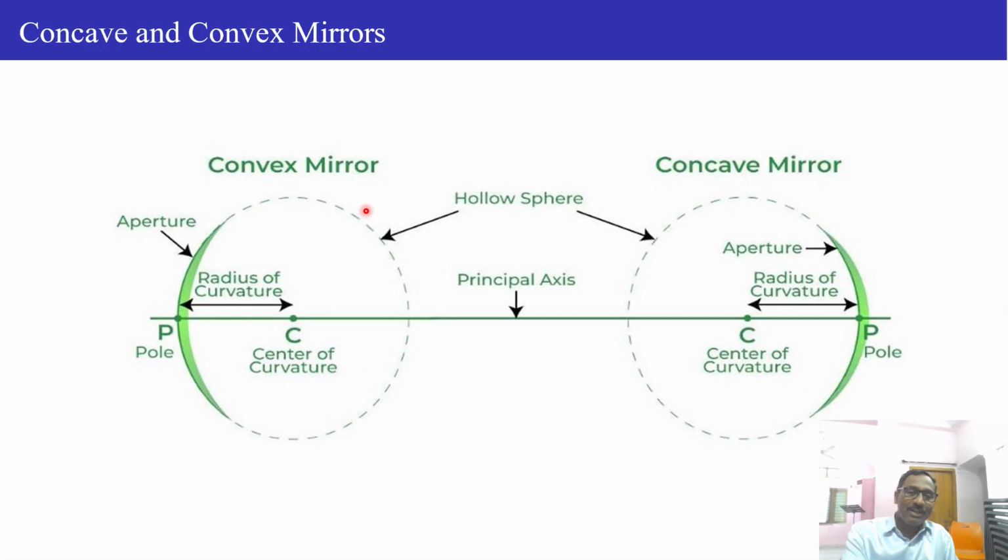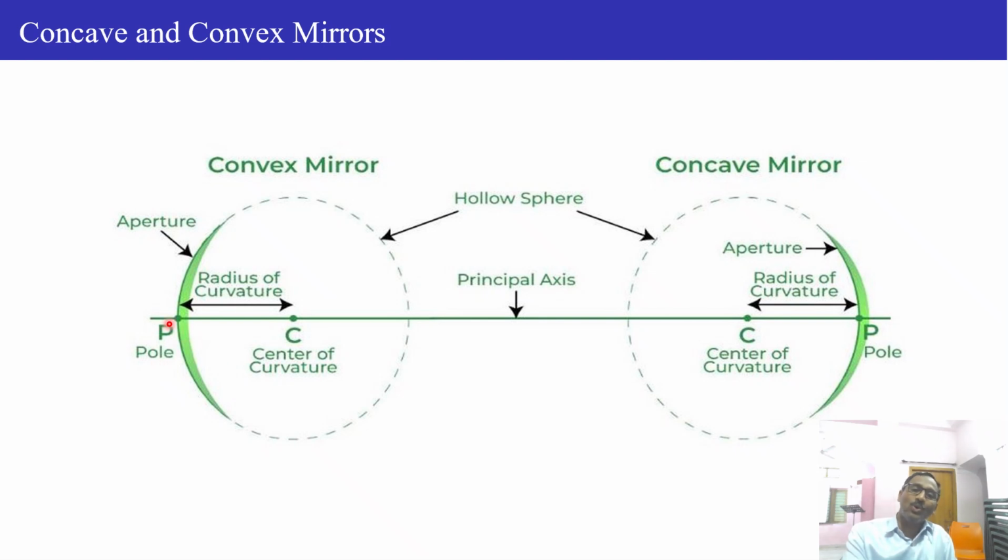So here, if you observe this sphere, what is the center? This is the center of the sphere. So for this mirror, we are calling from pole to pole. Here, see P. P is the pole. The center of the mirror, that point is known as the pole.